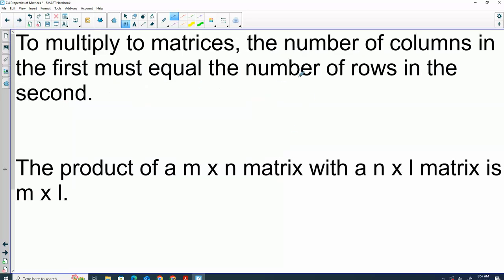So this tells us the requirement to multiply them, that we have to have the same number of columns in the first and rows in the second. And it tells us the rule for the size. So I just want you to write this down and then we'll talk about it as we go through each one. But that way it's written in your notes if you forget later and need to go back and look.